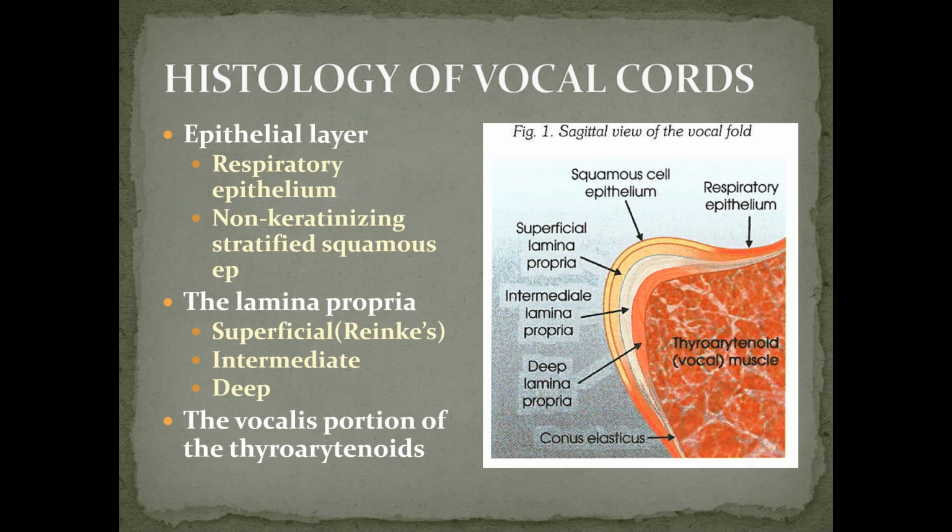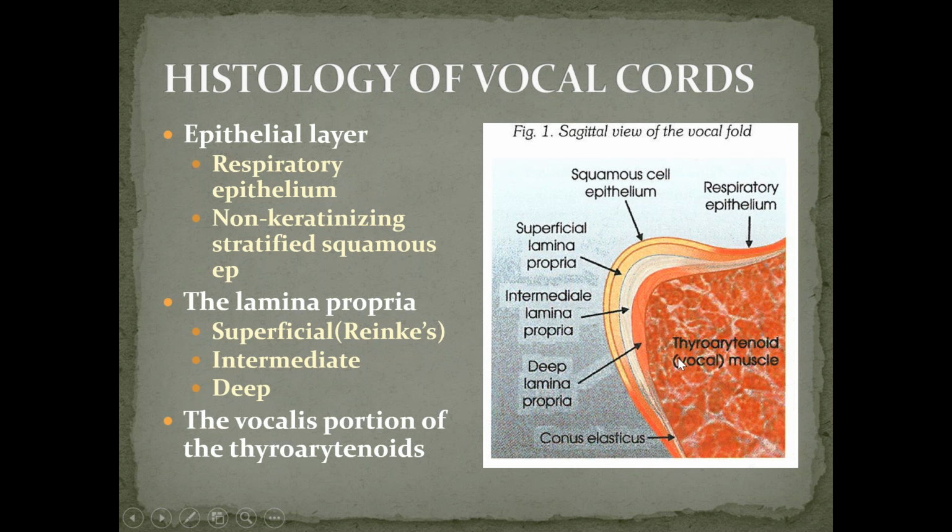Coming to the histology of the vocal cord, it has four layers. The superficial layer is the epithelial layer, formed by respiratory epithelium and also non-keratinized stratified squamous epithelium. Just below the epithelium there is the lamina propria, which has superficial, intermediate, and deep parts. The superficial part of the lamina propria is called the Reinke space.